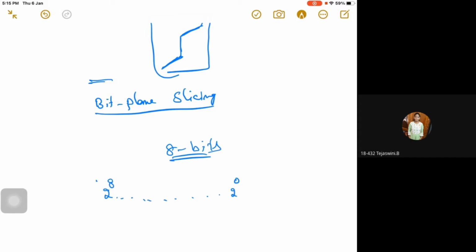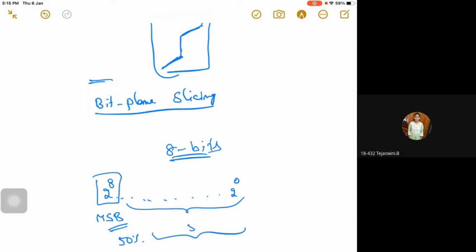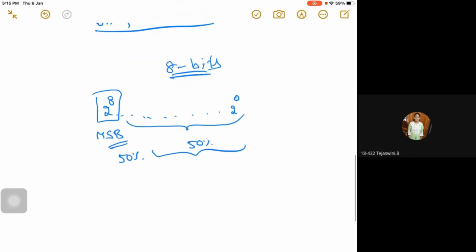The MSB bit. In terms of information, we can say the MSB bit will have 50% of the total information, and all the remaining bits combined give the remaining 50%. So bit plane slicing is also a good image enhancement technique.